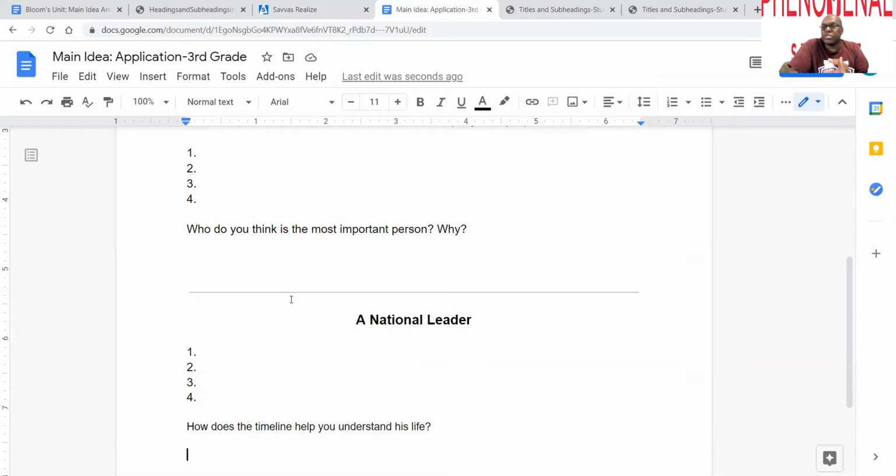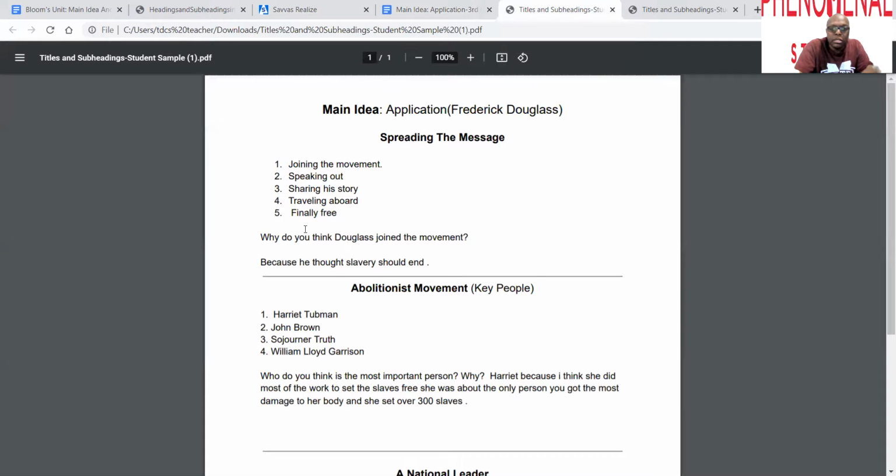All right, so I wanted to give some sample student responses. So this is one of my students, and I did this through Google Classroom. He said because his first answer was because he thought slavery should end, and then who do you think is the most important person and why? Harriet, because I think she did most of the work to set slaves free.